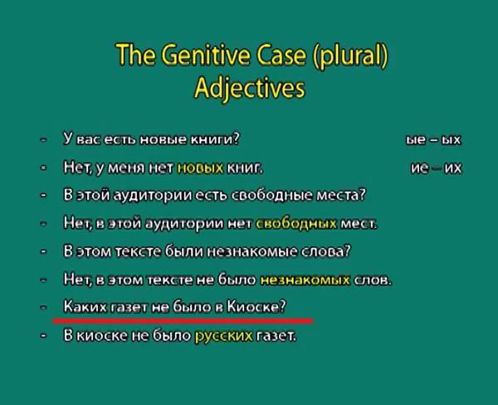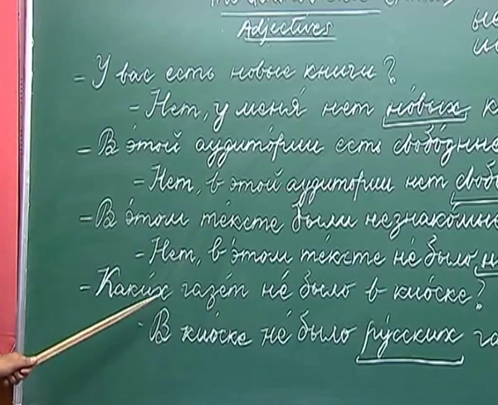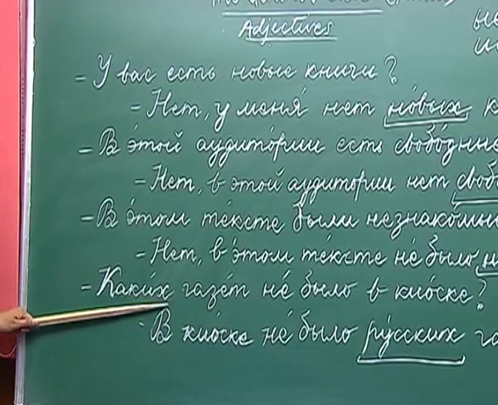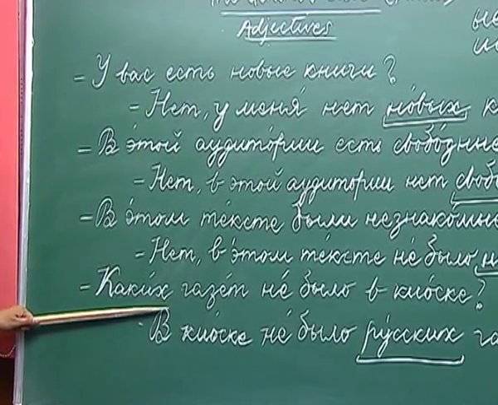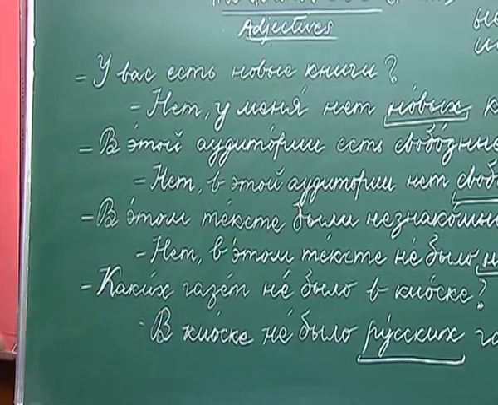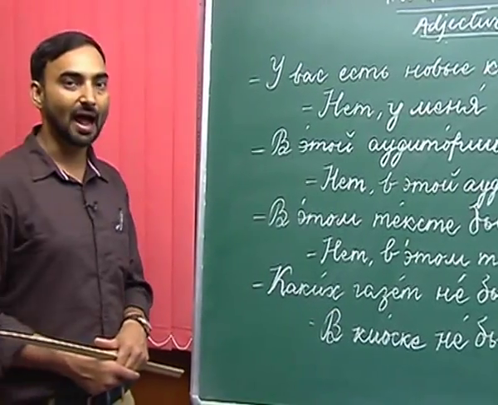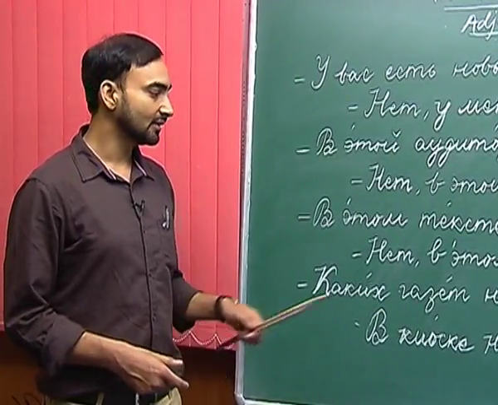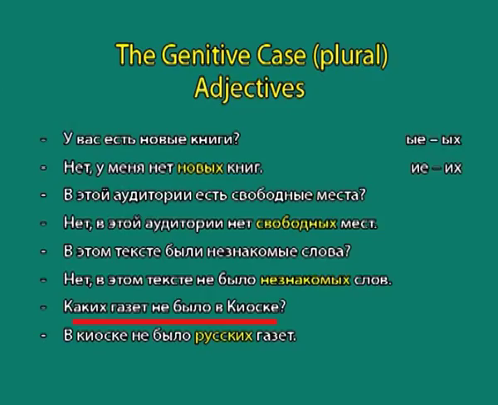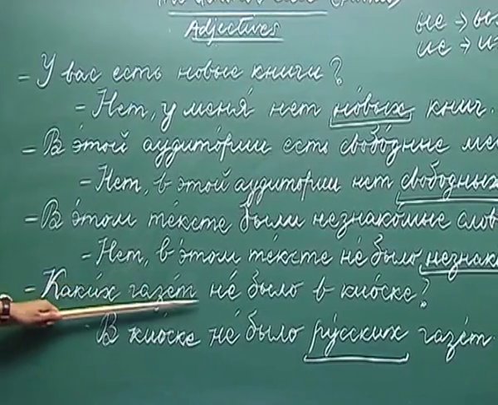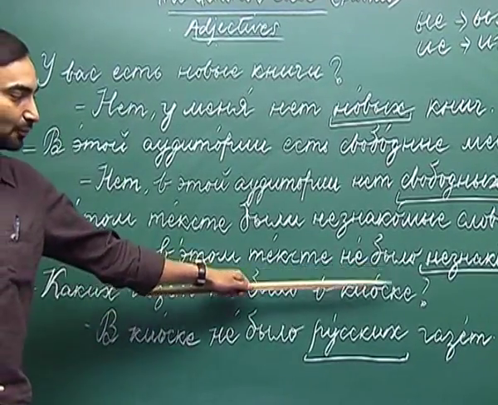Next, каких газет не было в киоске? We have discussed that when the interrogative word какой is used in an interrogative sentence, then we answer the question with adjectives. So, каких газет не было в киоске? Which newspapers were not there in the booth?